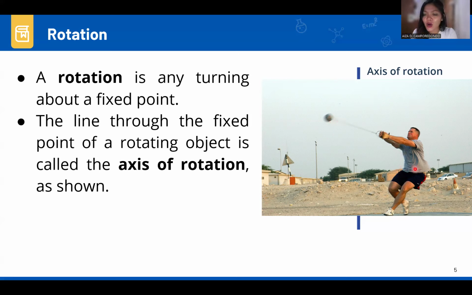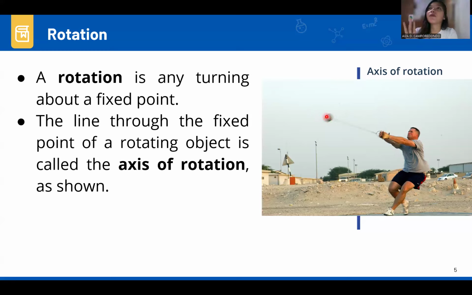However, the man at the center is not. Therefore, the axis of rotation is the man himself, or the man is on the axis of rotation. And the one being rotated right here is the object.